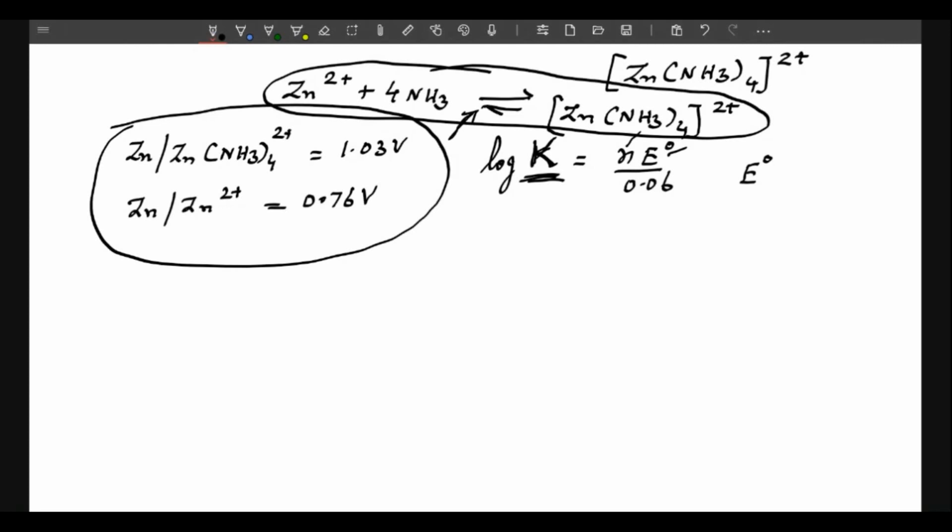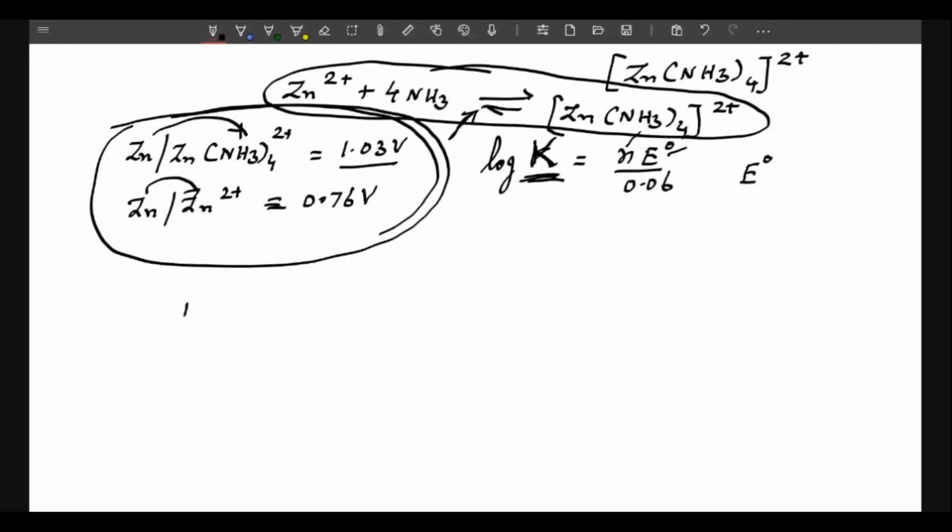Here, simply follow me. Of these two electrodes, which is having higher electrode potential? This is not the oxidation potential, and it is also oxidation potential. As per our principle, we are converting the given electrode potentials into oxidation potentials. Of these two oxidation potentials, which electrode is having higher potential? That would be the anode.